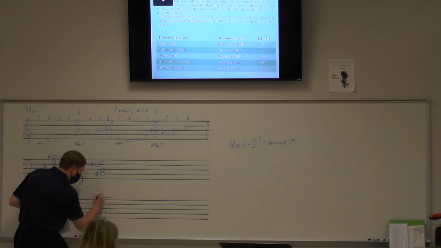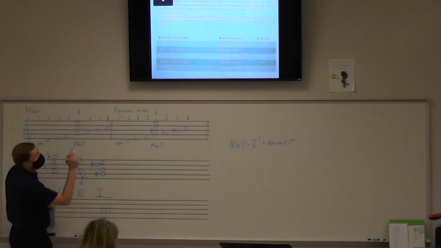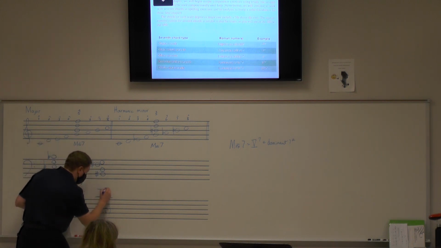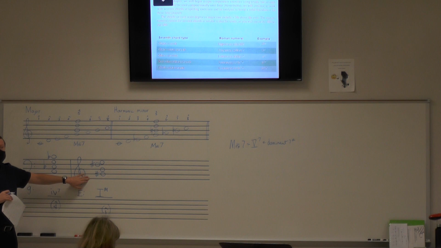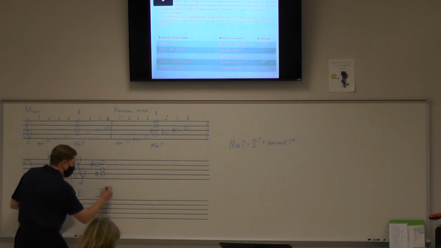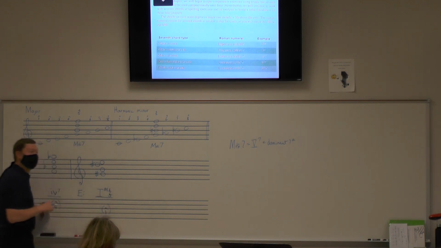We write a capital Roman numeral and we use a capital M. And then, am I going to use 7 for this one? We said it's not in root position. What inversion is it in? First inversion. So what number do I write? 6. So my final answer is that.